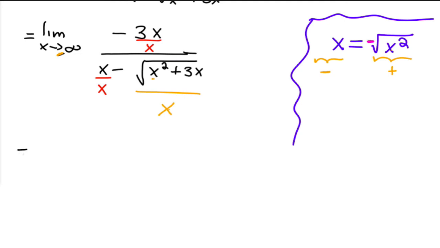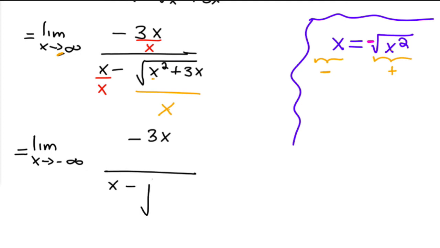So then, once I do that, I have the limit as x approaches negative infinity of negative 3x. I'm just going to rewrite everything here, but I'm going to make the square root large, x squared plus 3x.